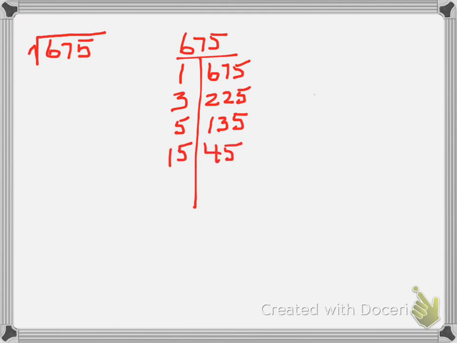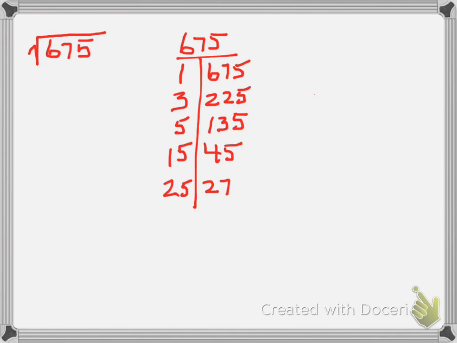And in fact, the next one after 5 is 15. So 15 times 45 is 675. And then the last pair is 25 and 27. So that's all of the factor pairs of 675.